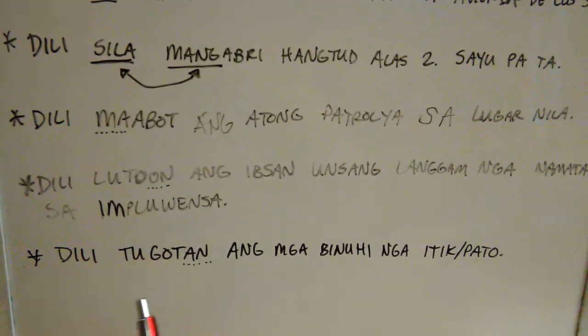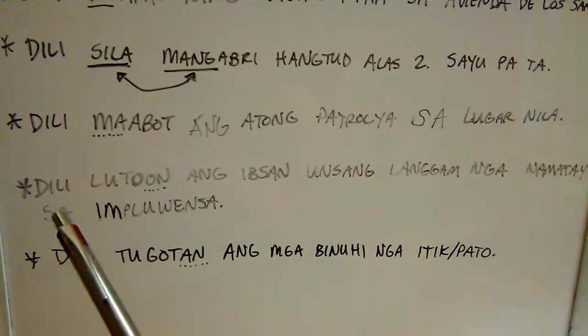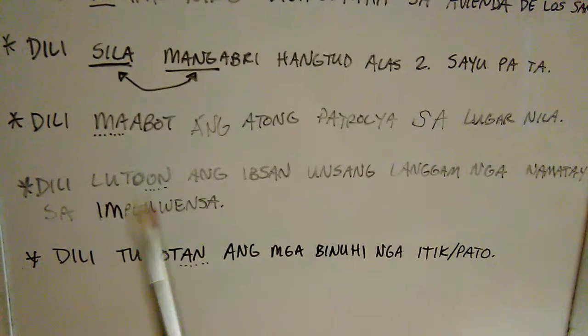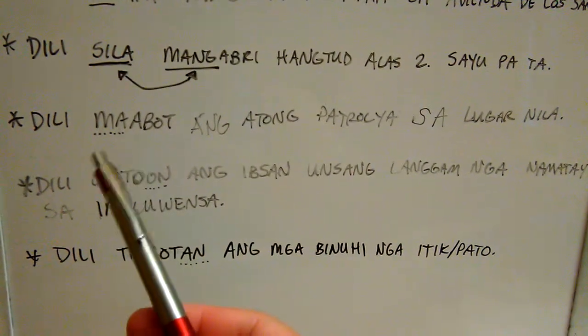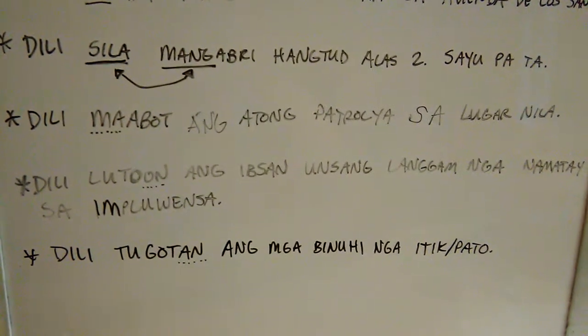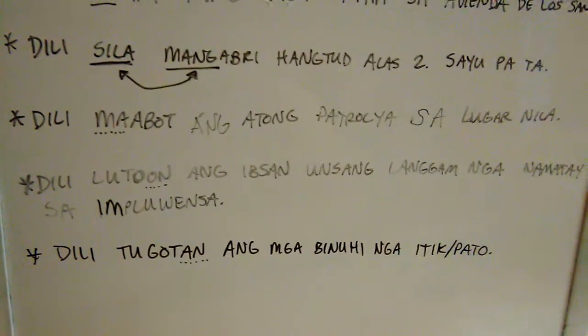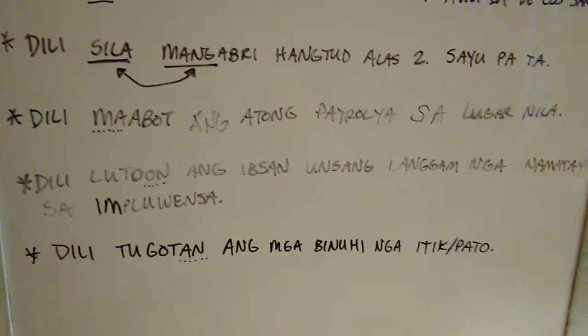Again, lutuon, right? Lutuon, will be cooked, right? Will cook. And dili lutuon. And this is okay, but like the object focus up here with ma, lutuon is also in the object focus. Okay, dili lutuon. And that's fine because it's an action that hasn't happened yet.